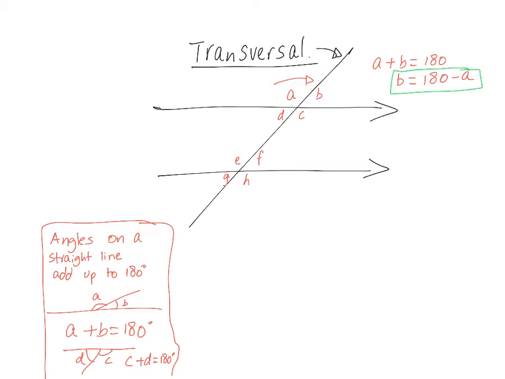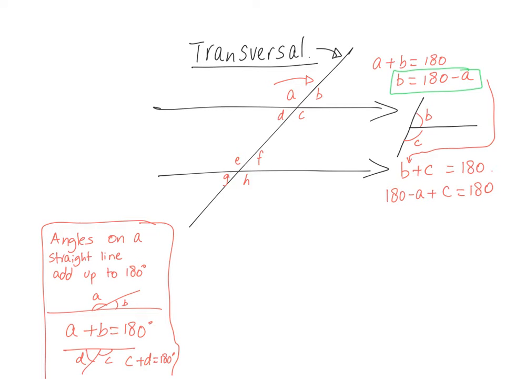Look at it this way: you've got your straight line, and our angles are B and C. So we know B plus C is 180. But we also know B is 180 minus A. So let's plug that in: 180 minus A plus C is equal to 180.